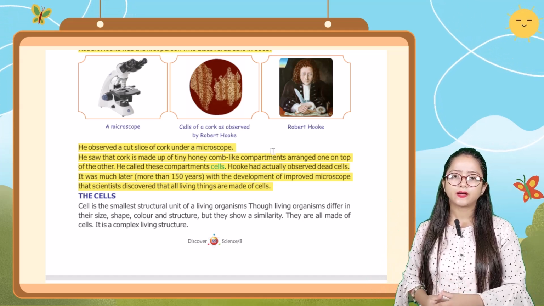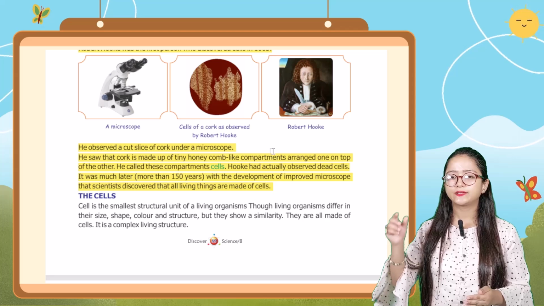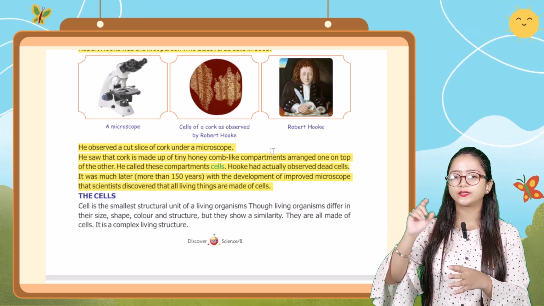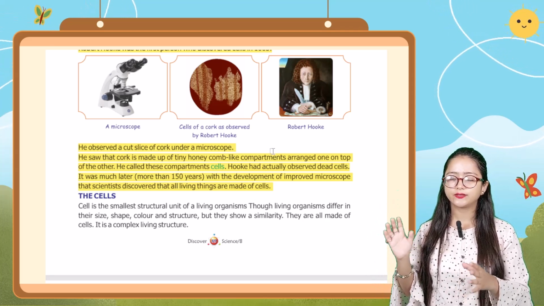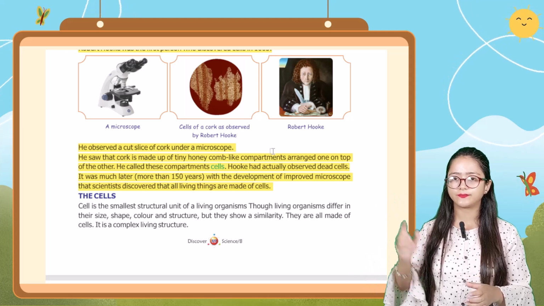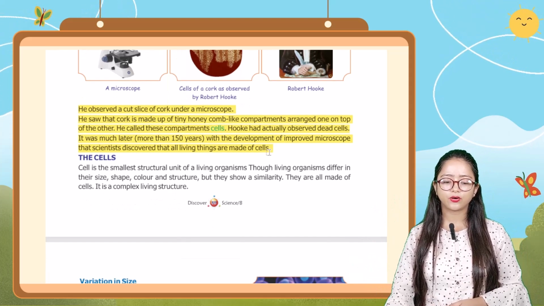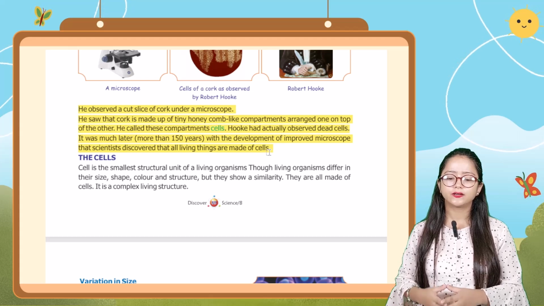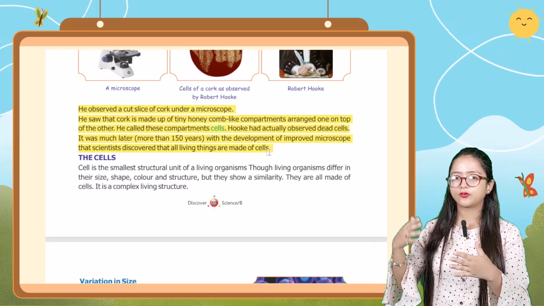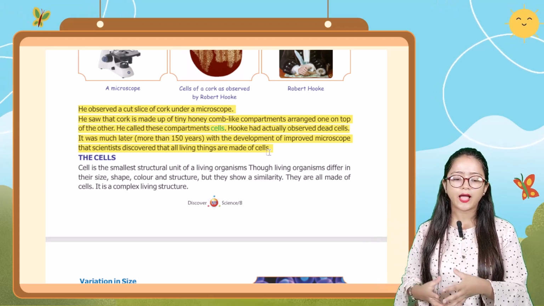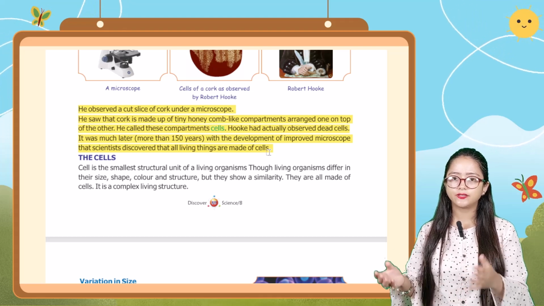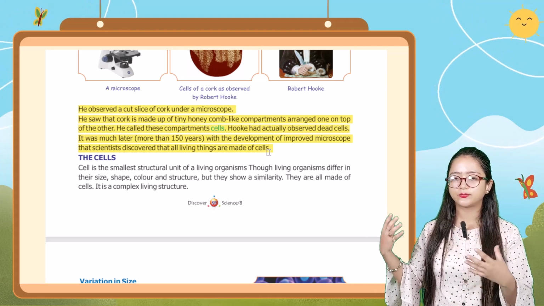But later on he got to know that the cells he saw were dead cells of the cork of a tree. More than 150 years later, with the development of the improved microscope, scientists discovered that we humans are also made up of cells.